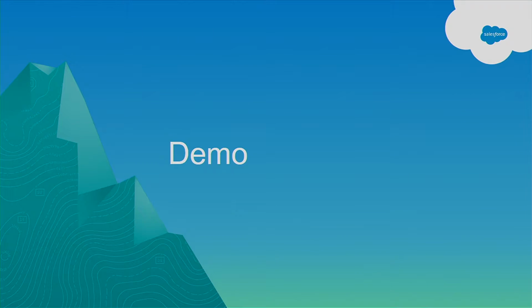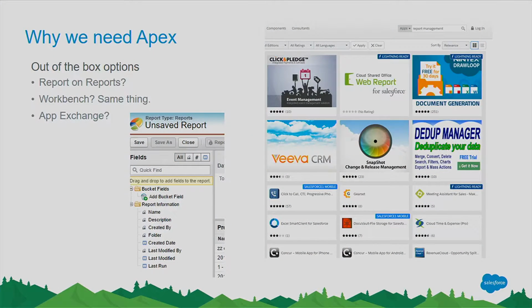So how do we solve this problem? When I first started unpacking this, you'd think that you'd be able to report on information like what reports are using what filters, and you can't. You can report on reports in Salesforce, so you can get the name of a report, you can get the description of a report, folder, system fields, and Workbench gives you the same thing.